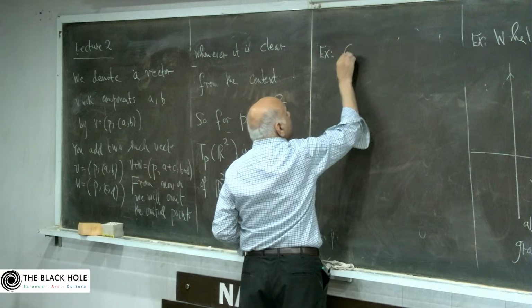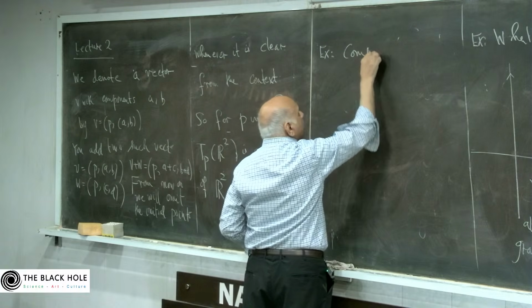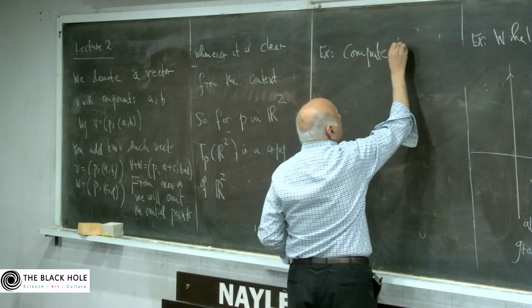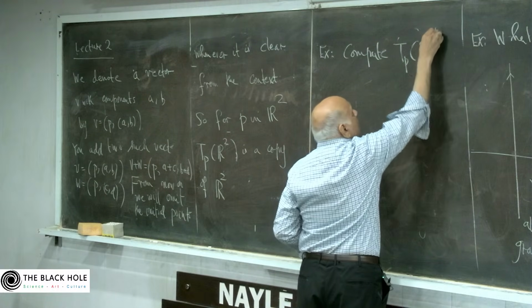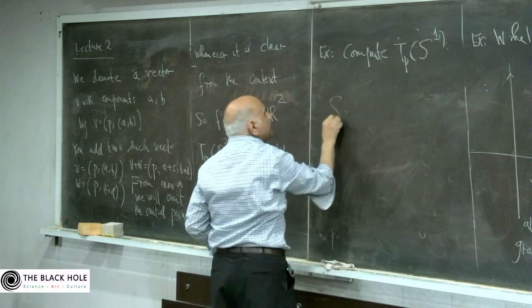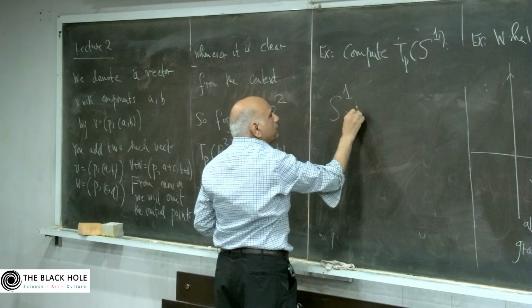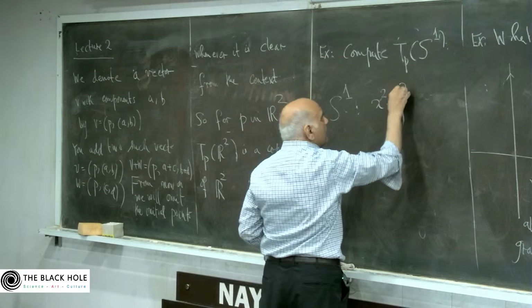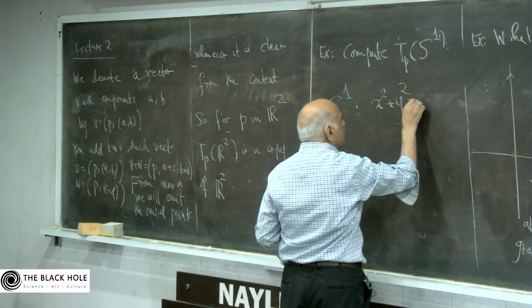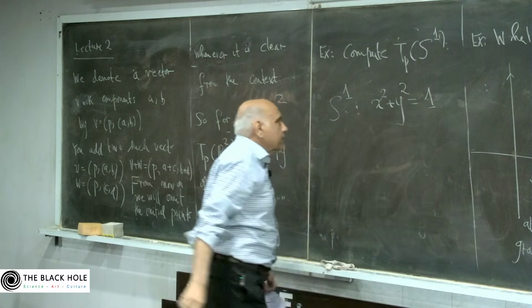Compute T_P of S1. S1 is all the points so that x squared plus y squared is equal to 1.